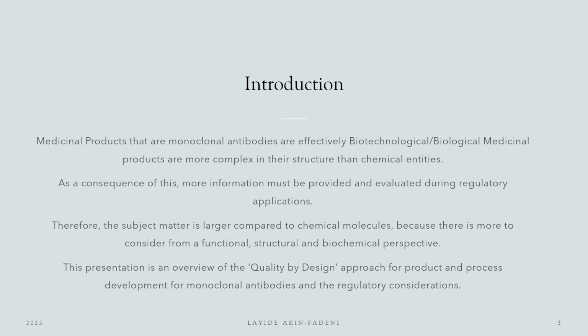And when I talk about 99.9%, I mean it's uniform. There's no heterogeneity. It's all a uniform state, and any minor changes in the structure, we consider to be impurities, whether they be process related or product related impurities.